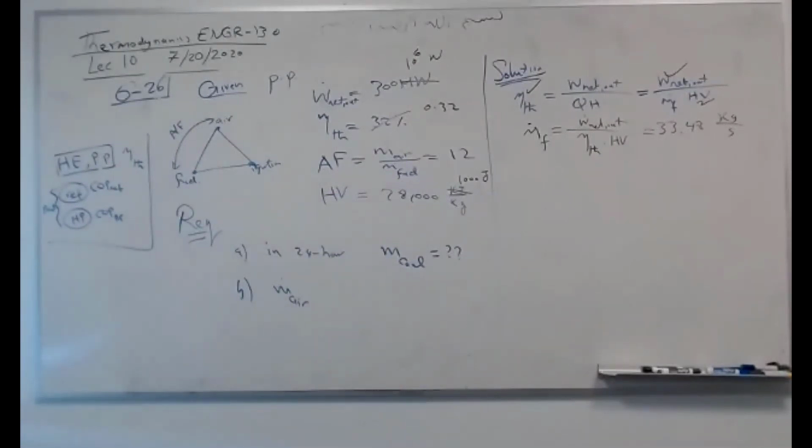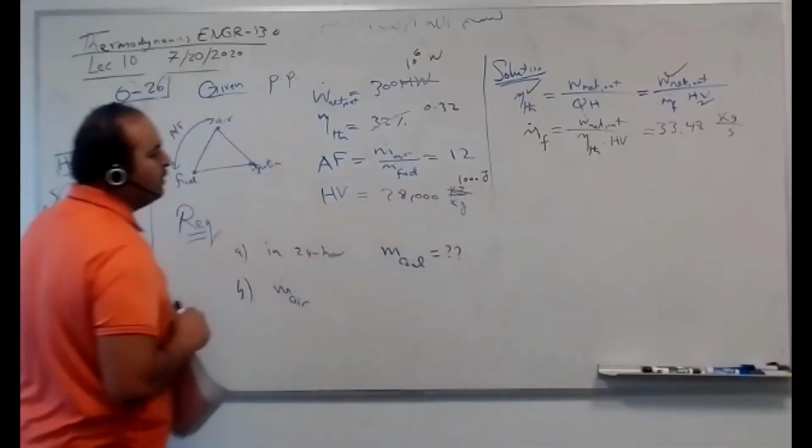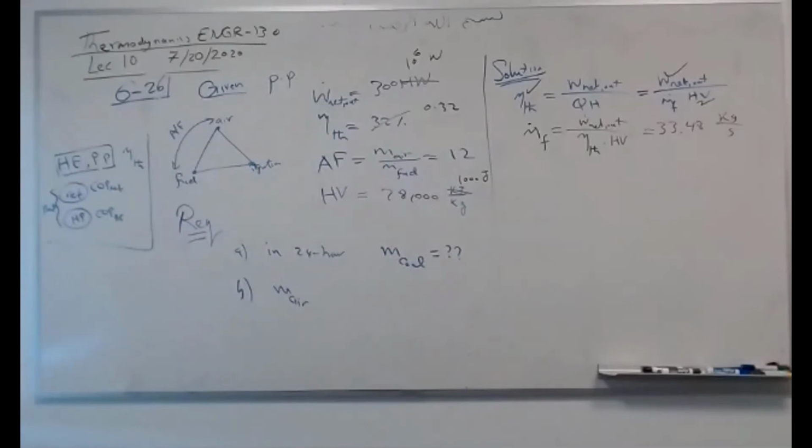Efficiency 0.32. Heating value is 1000 joule per kilojoule. Kilogram is an SI unit: kilogram, meter, second, Kelvin. Make sense, guys? So far, no problem. Do you have any problem?